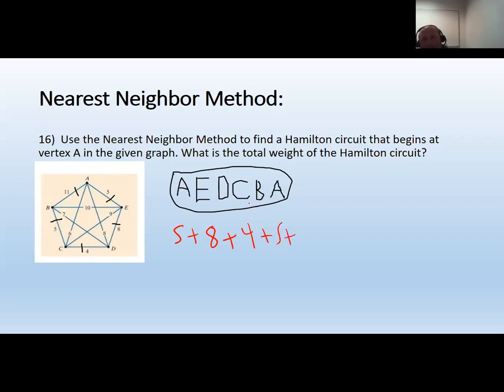And from B to A would be 11. When we add all this up, we get 33 as the total weight of the Hamilton circuit. So does anybody have any questions on this problem?